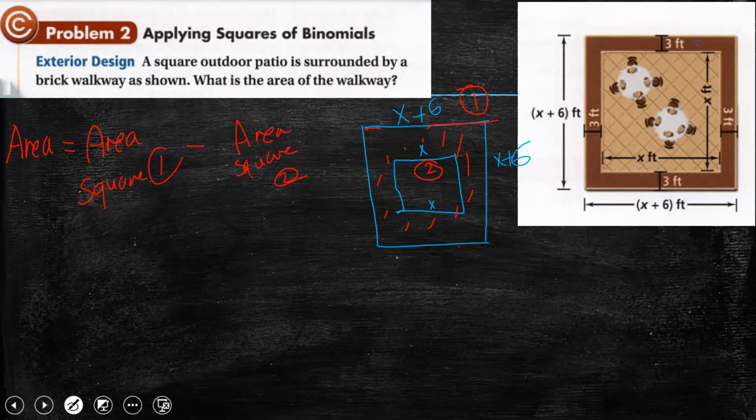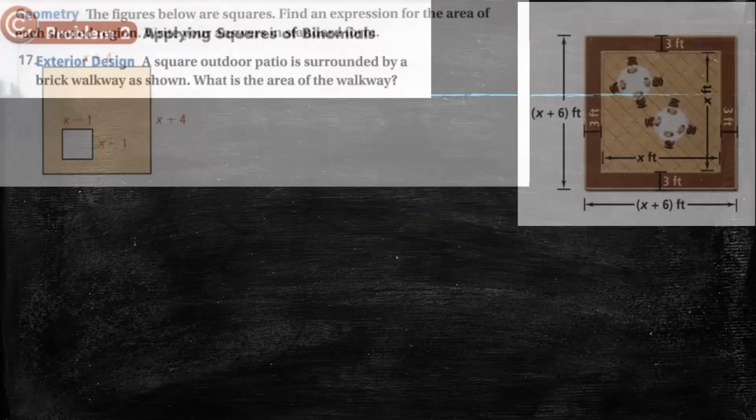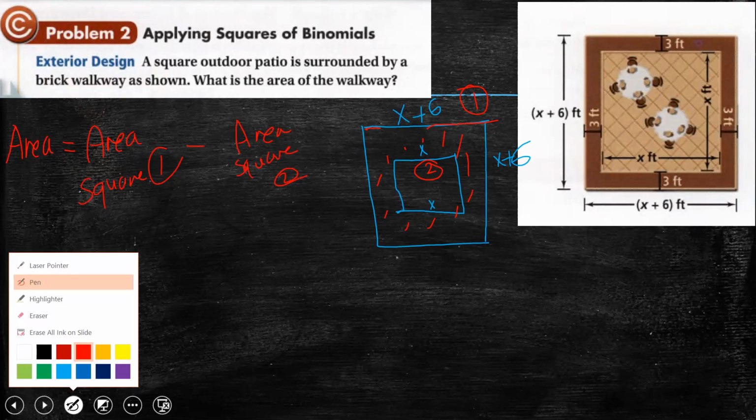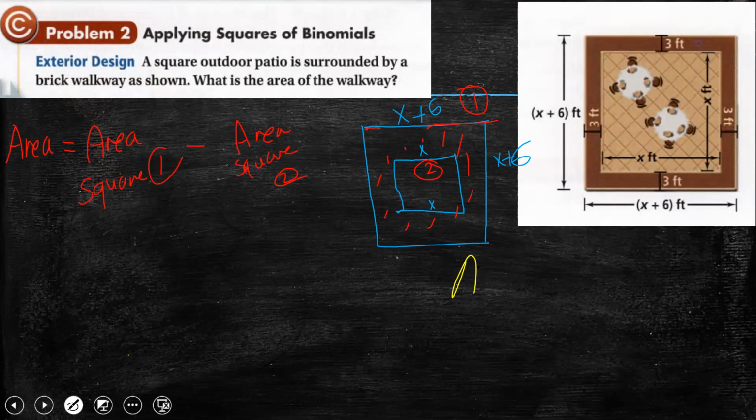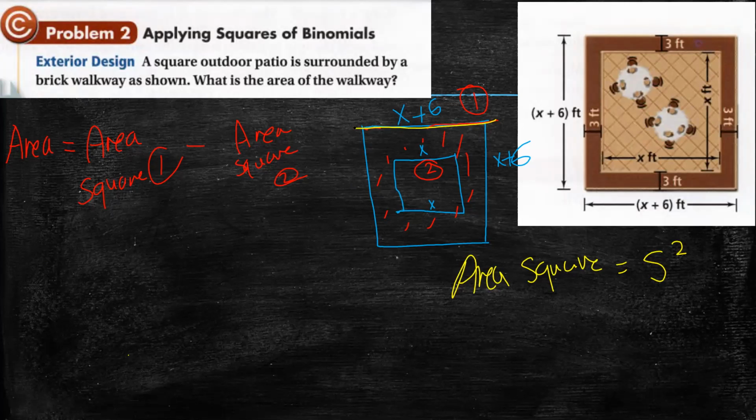So what is the area of the smaller square and what is the area of the larger square? All of us know that the area of a square is the side squared. Here, the length of any side is x plus 6, so it will be (x plus 6) squared. Is it right? Yes, teacher. So the area of the larger square here is (x plus 6) squared.